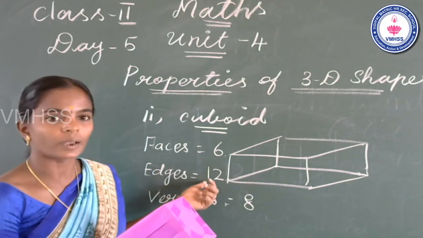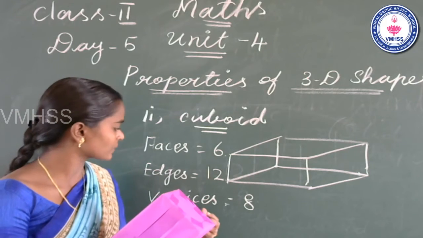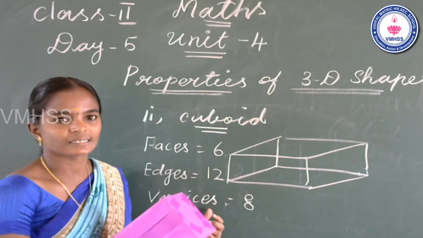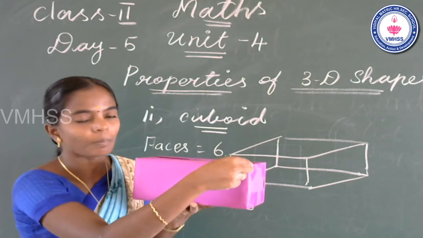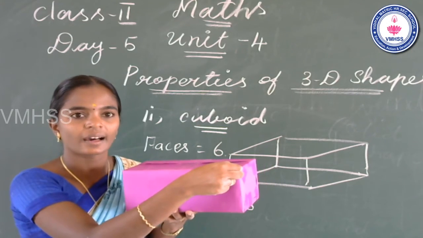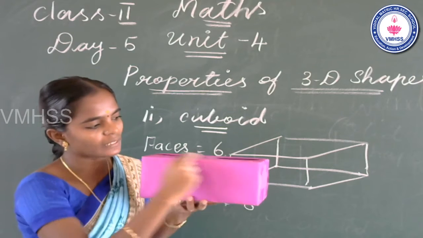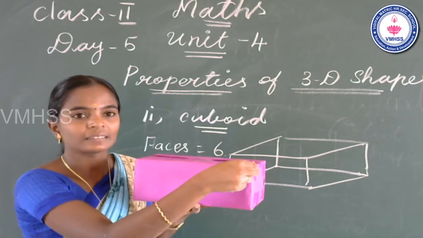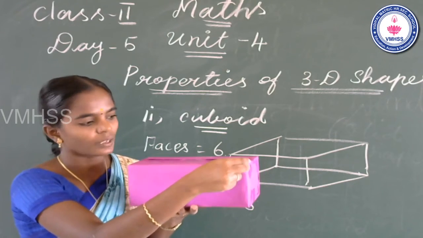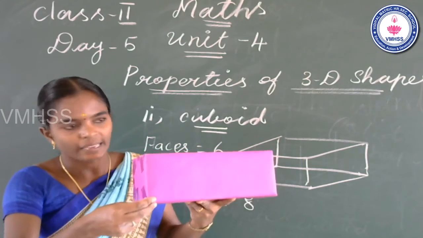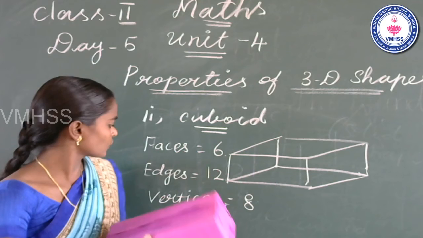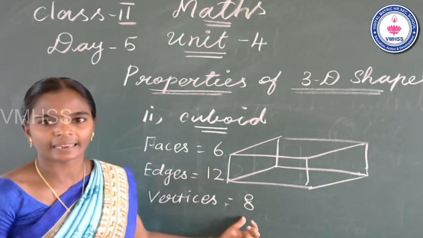So edges 12. Next vertex. Vertices means corner. A vertex is a corner. 2 edges meet at a point is a corner. 1, 2, 3, 4, 5, 6, 7, 8. So number of vertices 8.